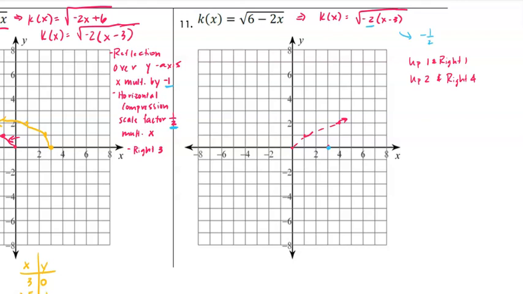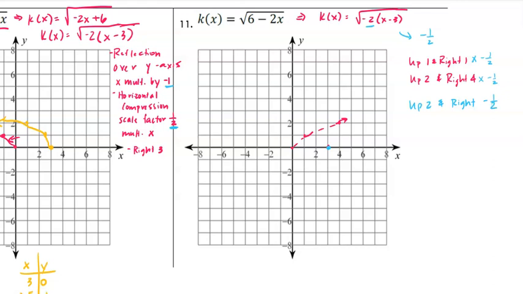And that is actually going to be multiplying the x. So we're going to multiply these. So we're going to go up 2 and right -1, or right 1/2. Well, it's going to be left 1/2, right?